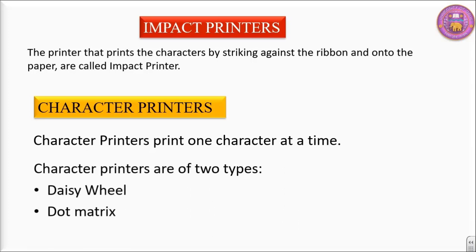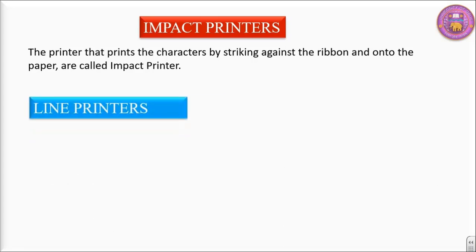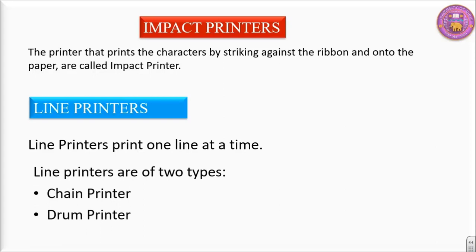Character printers are of two types. One is daisy wheel and the second is dot matrix. Line printers, as the name suggests, they print one line at a time. Line printers are of two types. One is chain printer and the second is drum printer.